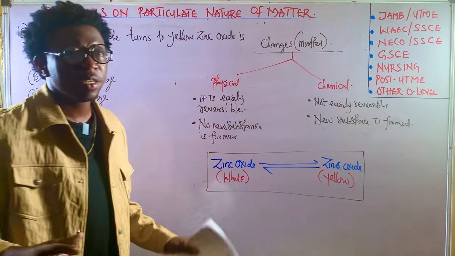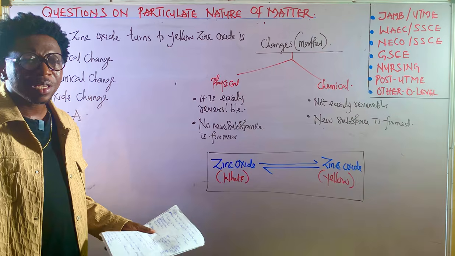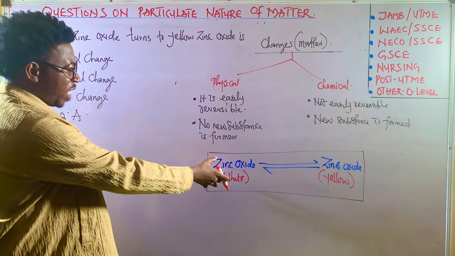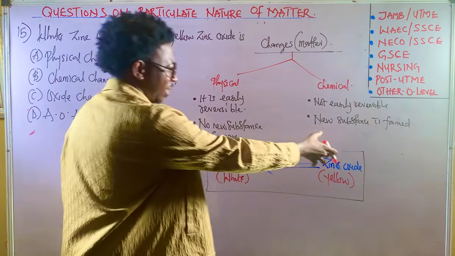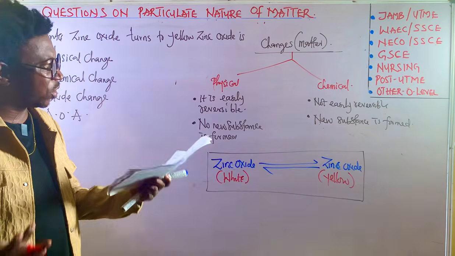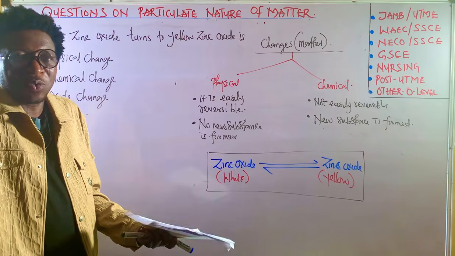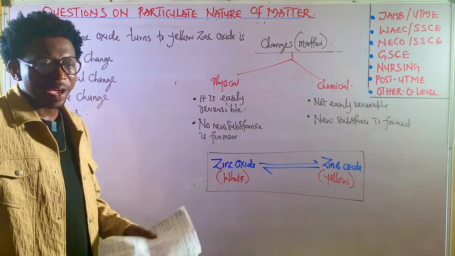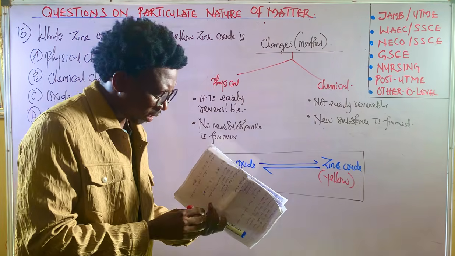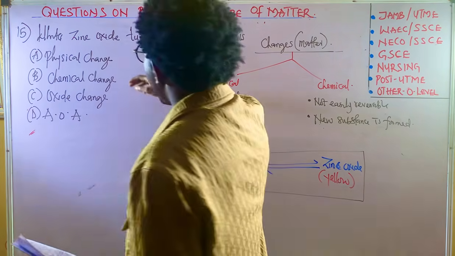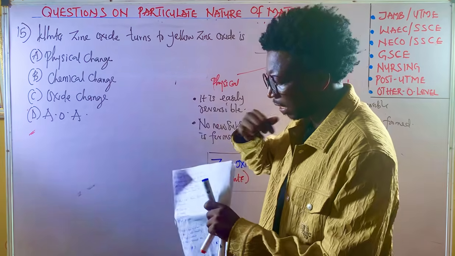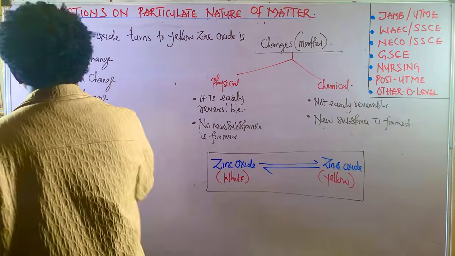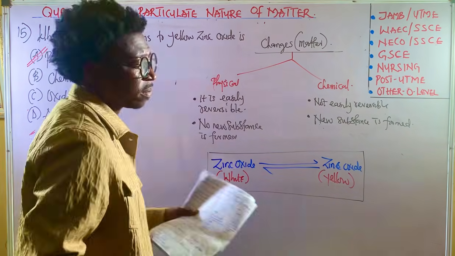Is there a new substance formed? No, there is no new substance formed. The change is zinc oxide to zinc oxide. No new substance formed. However, there is a change. So it is called a physical change when there is no new substance formed. So the answer is not chemical, it's not oxide change. The answer is physical change. That's it.